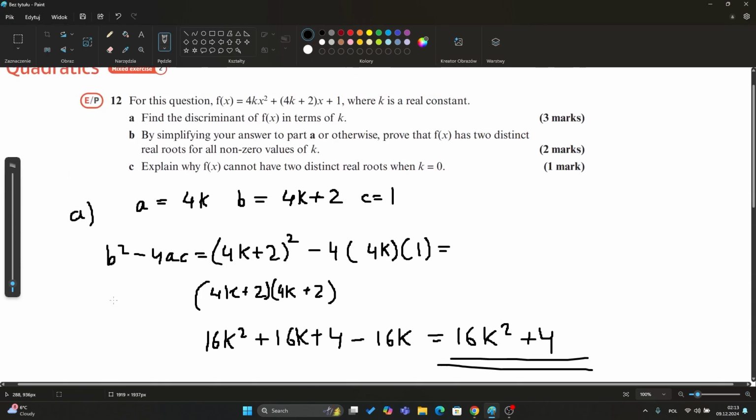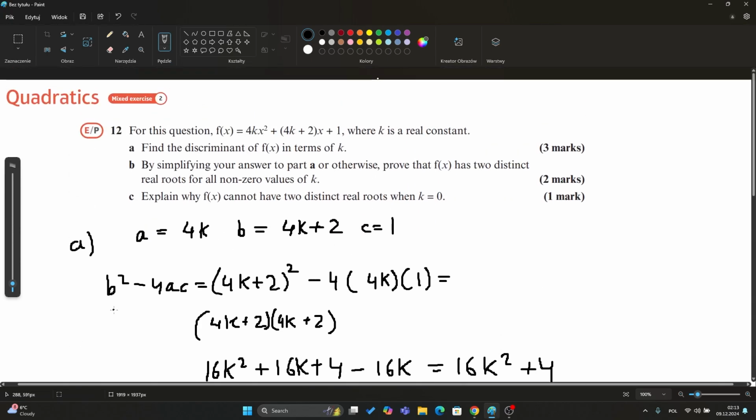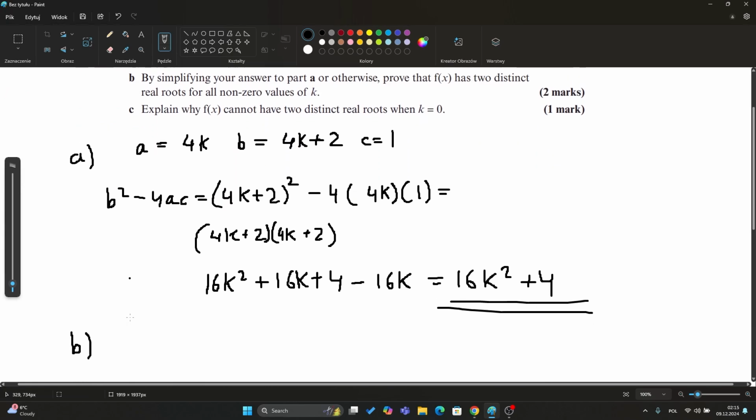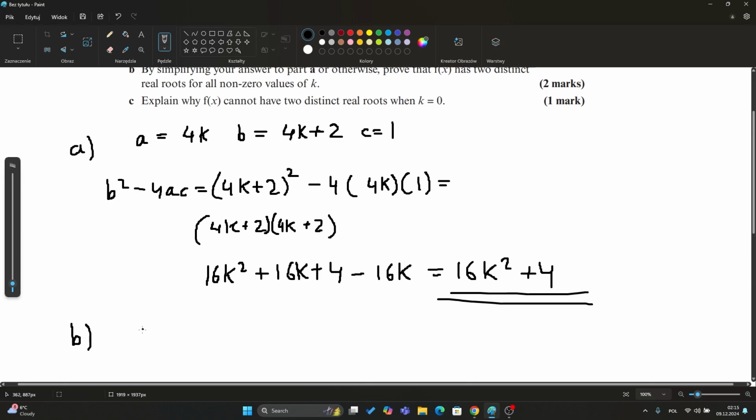For part B, by simplifying your answer to part A or otherwise, prove that f of x has two distinct real roots for all non-zero values of k. So for part B, we can see that anything squared is always positive or equal to 0. Now, k squared is always positive or equal to 0.